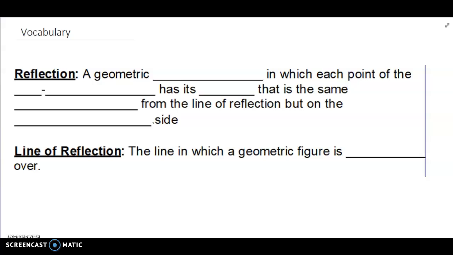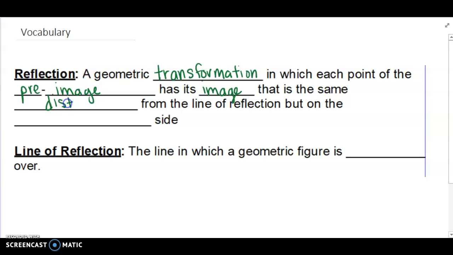So just the definition, a reflection is a geometric transformation, okay, so we're changing it, in which each point of the pre-image, and remember the pre-image is what we start with, has its image that is the same distance from the line of reflection, but on the opposite side.